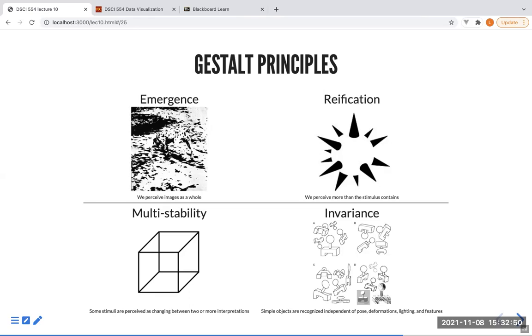This one, these lines, we see them as a volume, but because it's a transparent volume, we're not used to that. We don't know exactly which face is the front-facing face, and so we see some unstable figure. And the invariance there, I think, is obvious.